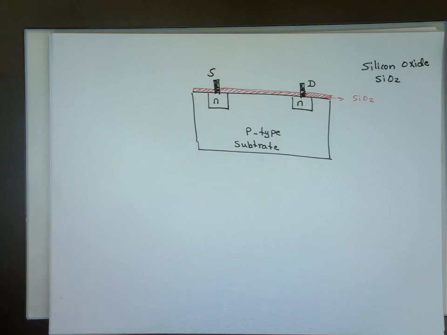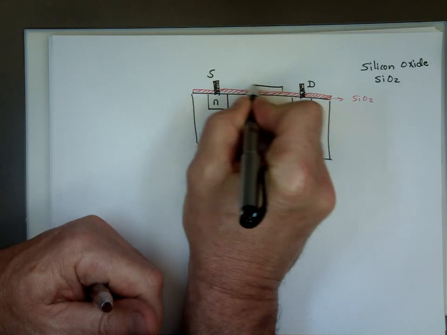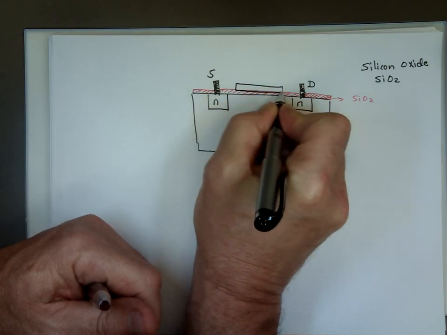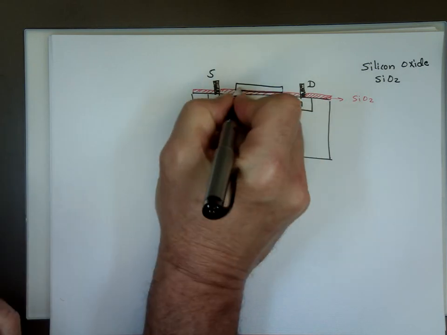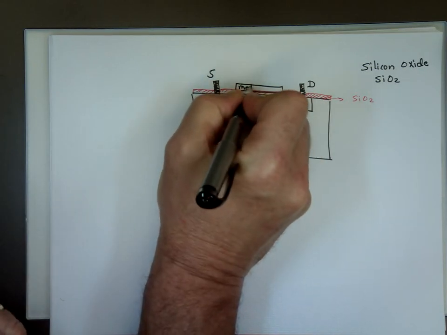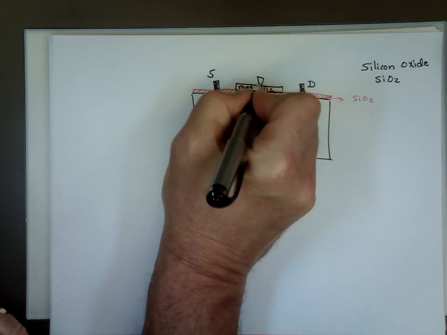And now we attach a metallic plate right here, made out of metal. And now this is my gate.